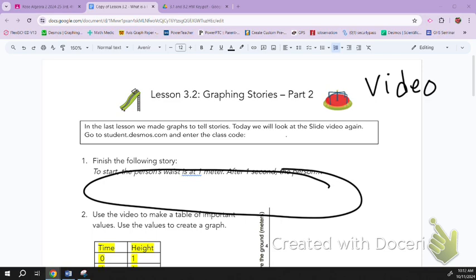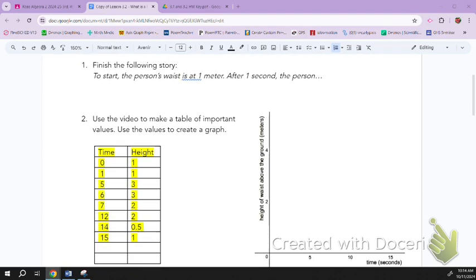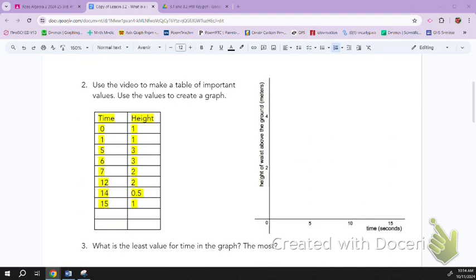So in today's lesson, they want us to rewatch the video and figure out his height for each time. We're not going to do that. I'm going to give you the time. I'm going to give you the heights. Okay? And again, if you look at the y-axis, this is the height of his waist above the ground.